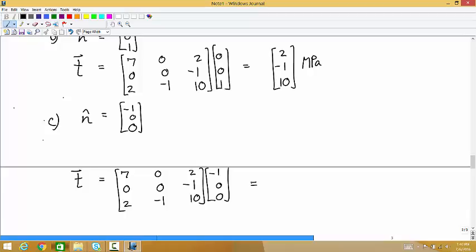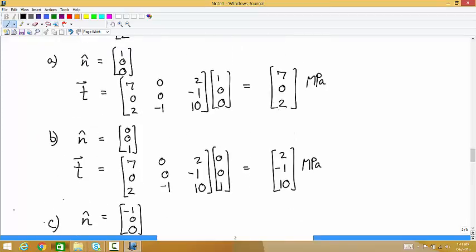And what do you get when you multiply these? Negative 1 times 7, 0, negative 1 times 2. For this to be an equilibrium, the traction on the negative x face has to be equal and opposite to the traction on the positive x face. So this has to be equal and opposite to what we got in A, and it is.